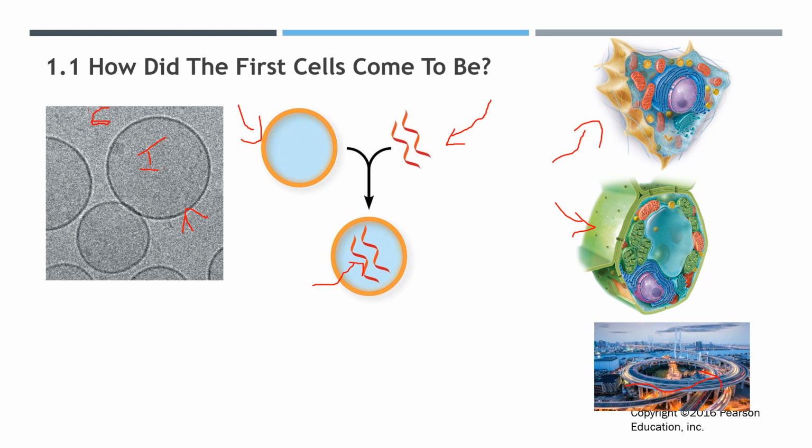The same thing happens in the cell: you always have a traffic of vesicles, which are, again, these lipid structures. So how did this happen? This is the question. We're going to put all these hypotheses together during this class.